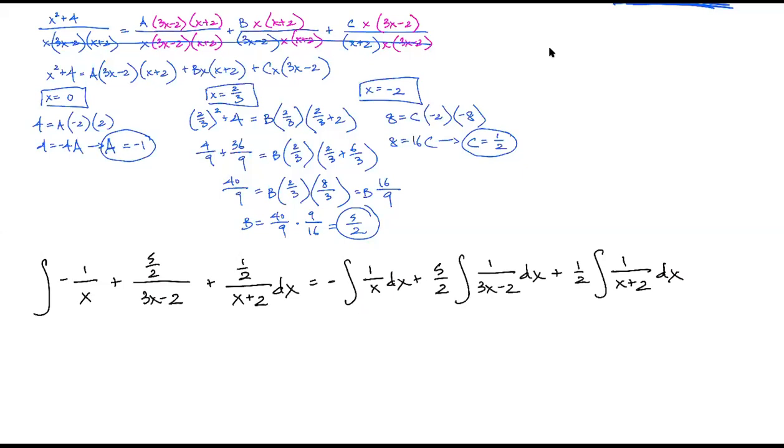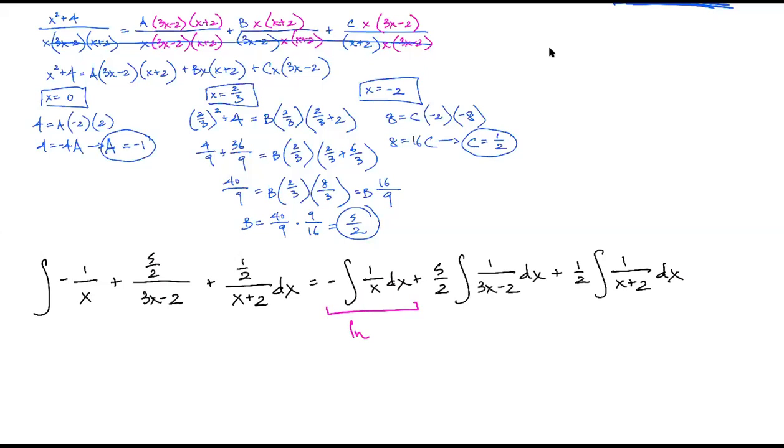So when I look at this, I see that the first one is going to just be a natural log, because it's 1/x, and that is my one exception to the power rule. So when I integrate, I should get a natural log.